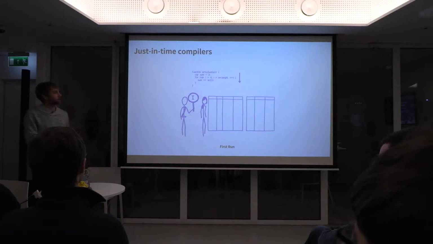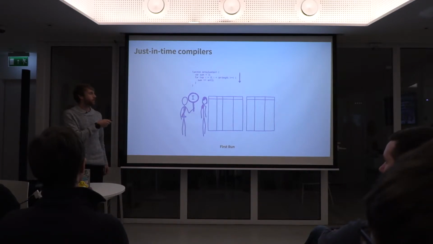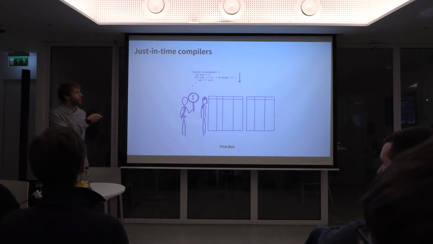But the profiler and monitor's job is just to count the frequency of which the exact line is run. So if this line, for example, would happen once, so it's not very frequent. But the lines inside the loop, the iterations, are going to be ran more and more times.